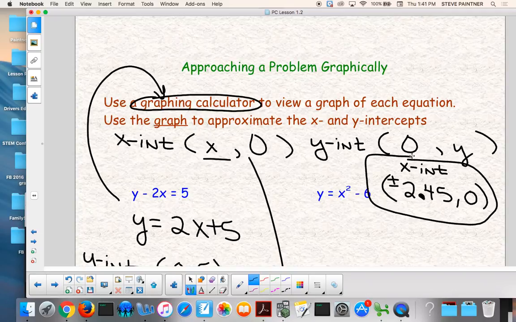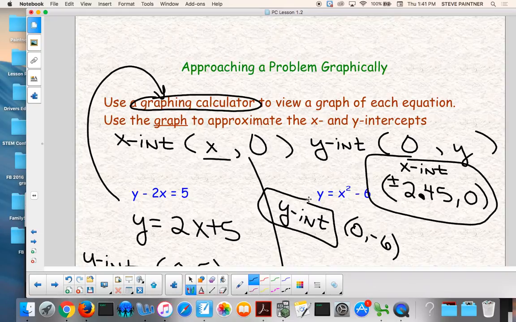What was the y-intercept on this one? 0, negative 6, okay? And there was only one of these, right? Only one y-intercept. Good? Okay. Graphically, kind of nice because it will do the work for you.